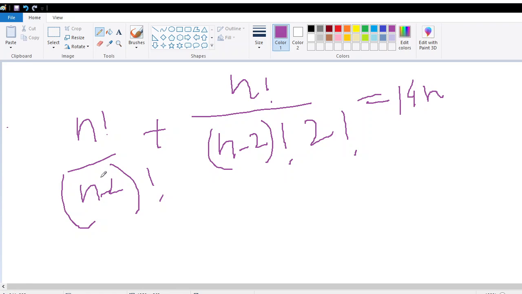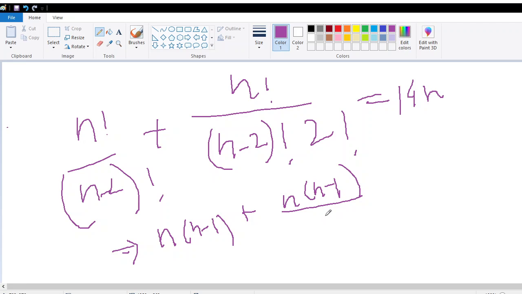Then n minus 2 will go, so it is n into n minus 1, plus here also n minus 2 will go and remains n into n minus 1 divided by 2, this is equal to 14n.